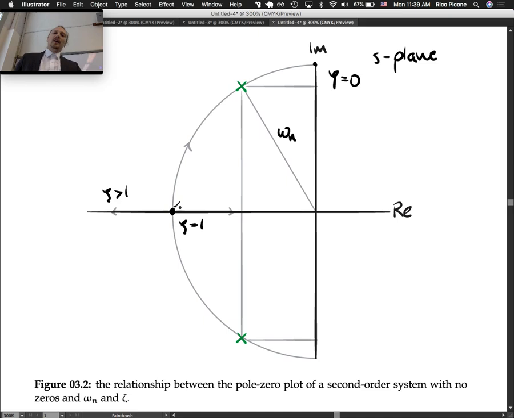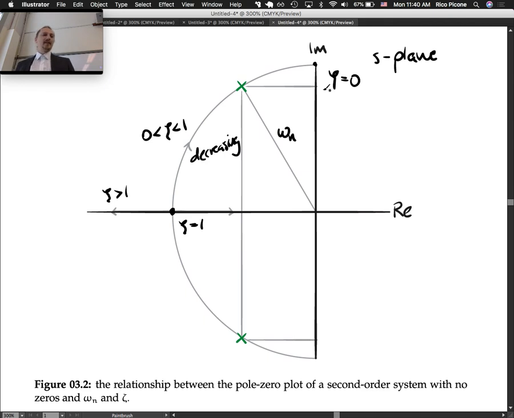And then when we start decreasing the damping, we have zeta between 0 and 1 along this arc. So zeta starts at 1 and decreases to 0 along this arc.